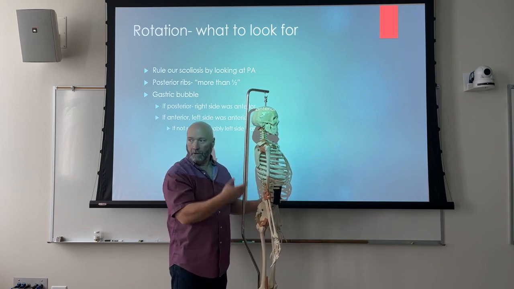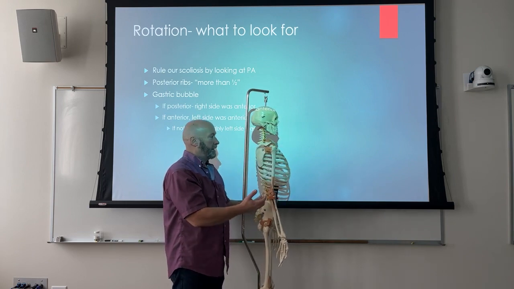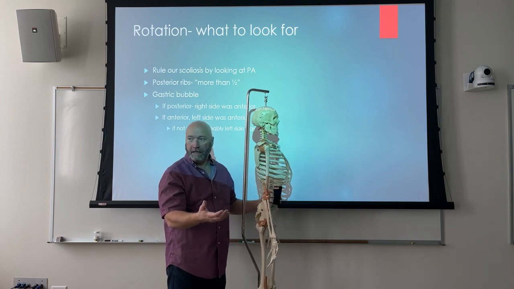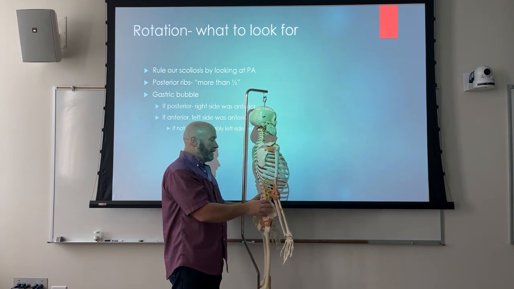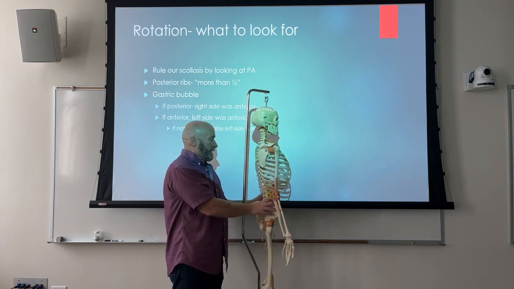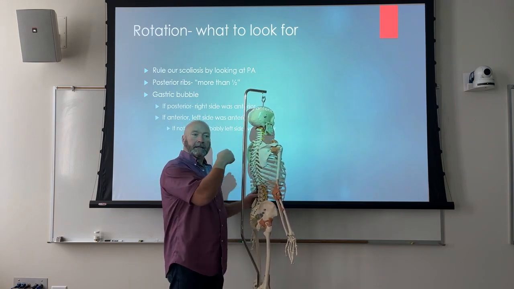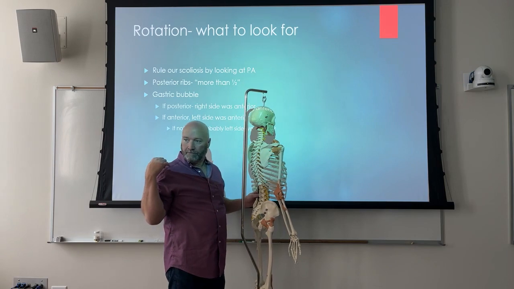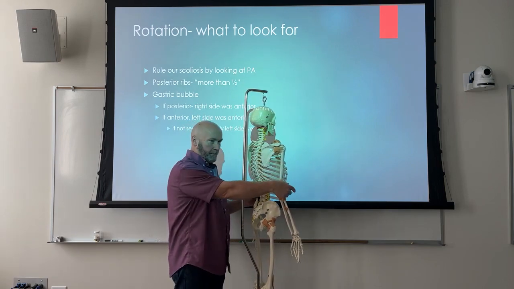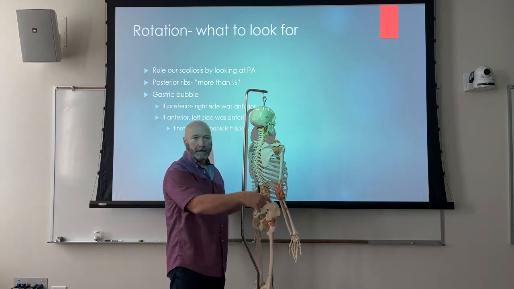So when you go back in to repeat the exam, you know exactly how the patient was standing, right? And you can make that correction. If the gastric bubble is posterior, that means the left lung is moved posterior, right lung is moved anterior, okay?